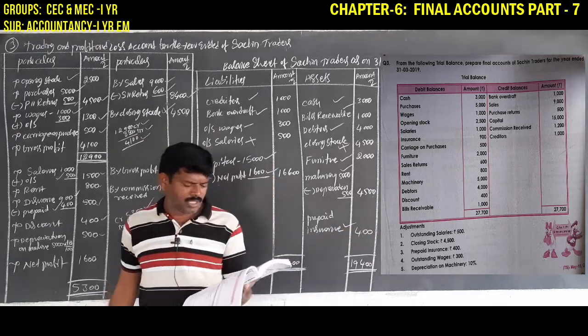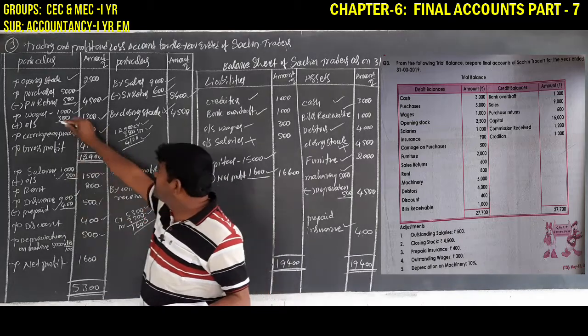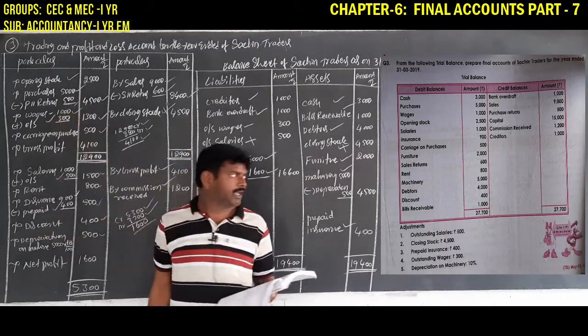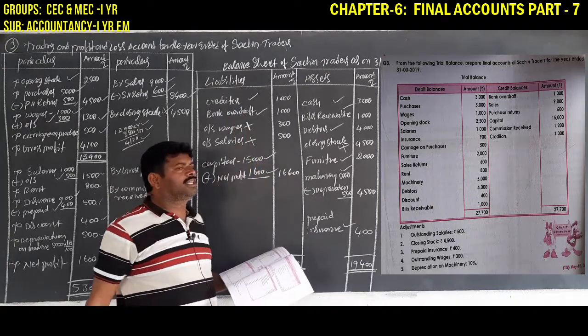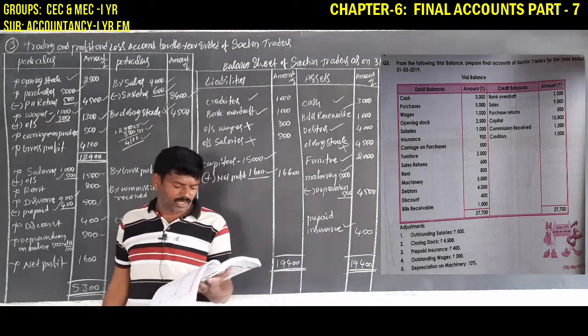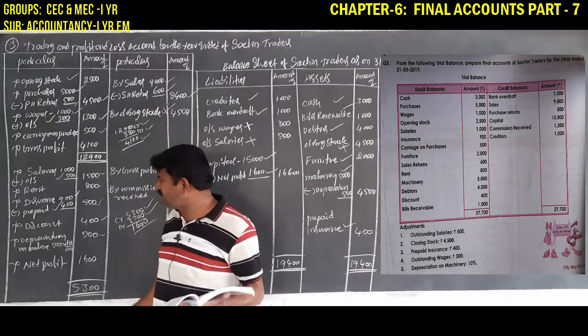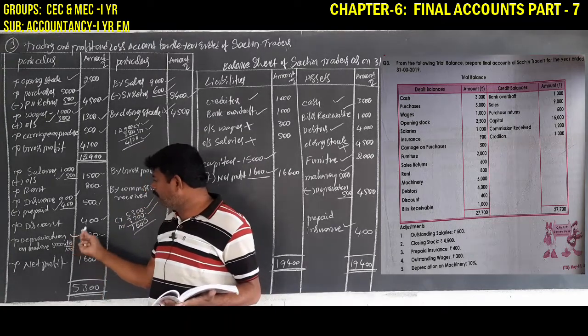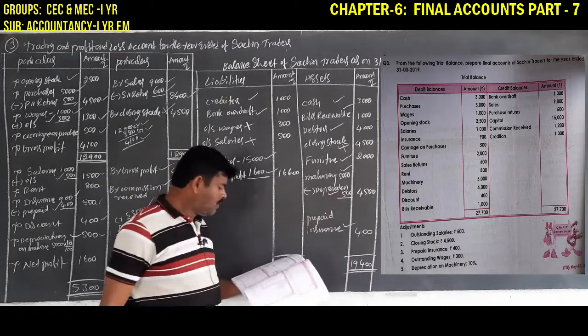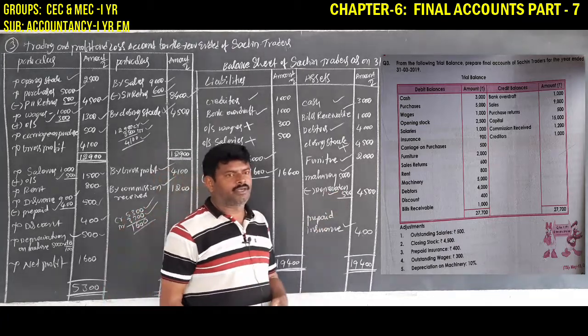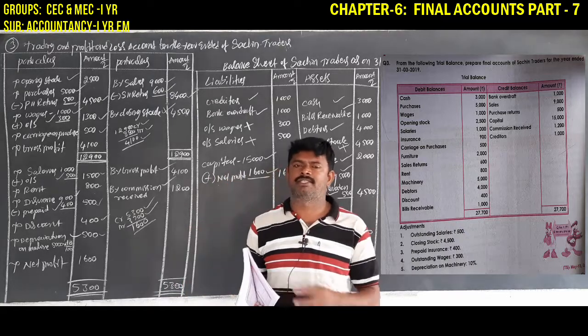Next, outstanding wages is recorded here, and the same outstanding wages is recorded on the liability side. Next, depreciation on machinery is calculated here, and the same amount must be deducted from the machinery. So all adjustment transactions are recorded twice.